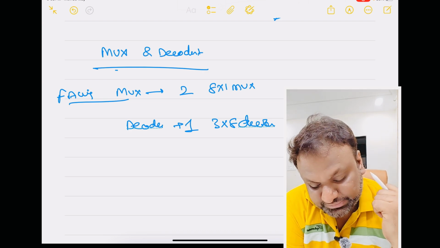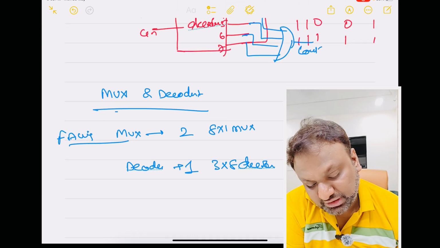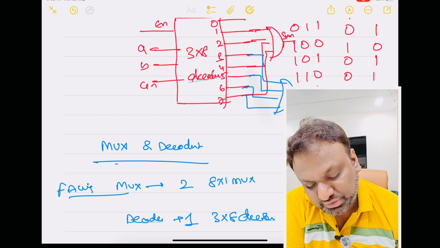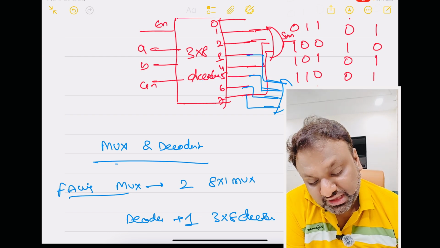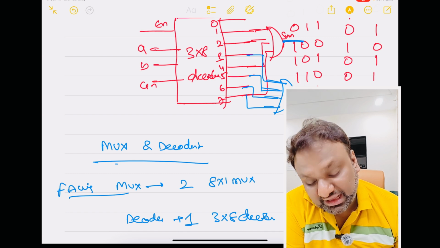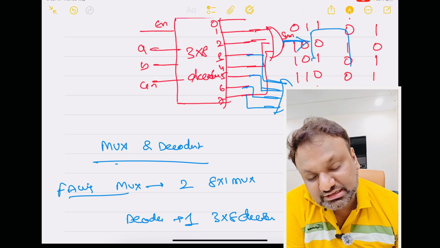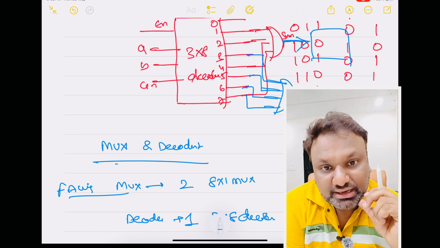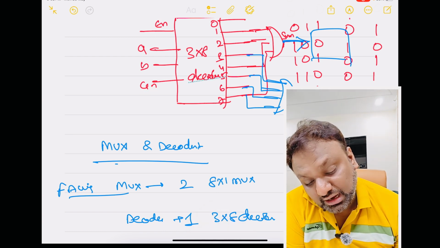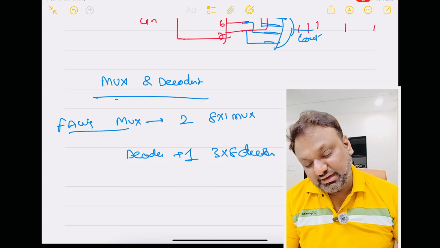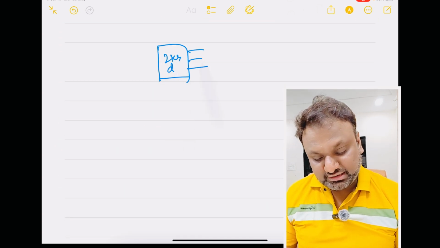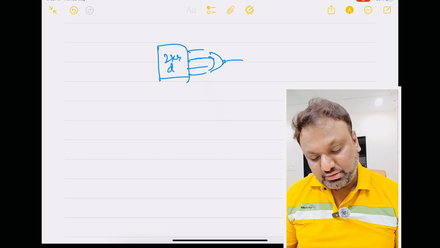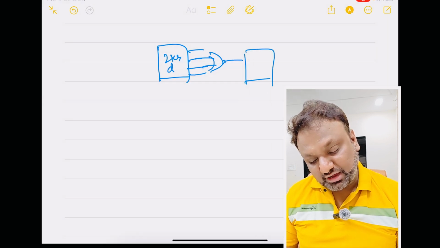Because what you are doing is giving the outputs all together to this particular OR gate. Suppose this particular output is driving another digital circuit input. Say I have a simple 2 to 4 decoder, I am using an OR gate here, and I am having one half adder here.